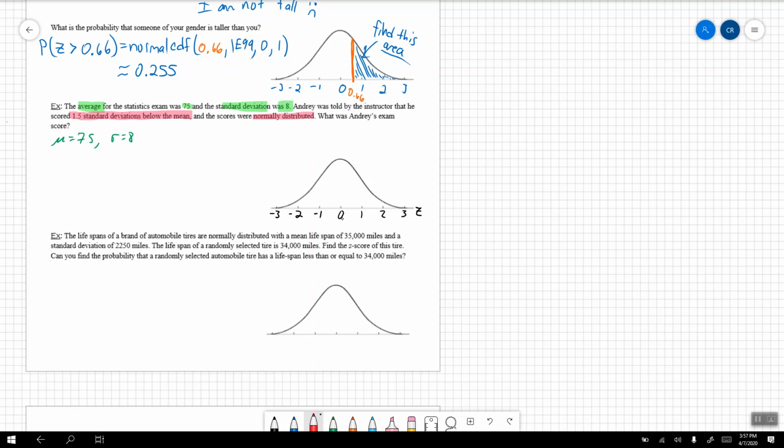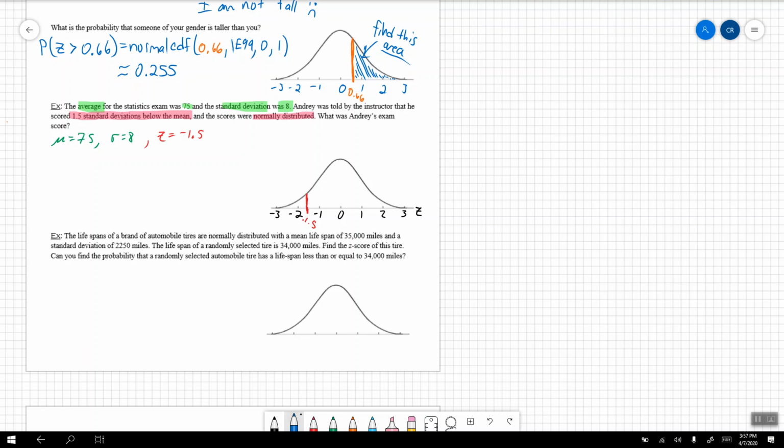So if we standardize the mean here, that means Andre's score is here. When we're looking at Andre's score, we're assuming that his score is negative 1.5 in standard deviation notation. This is what we're trying to find: what was his score there.